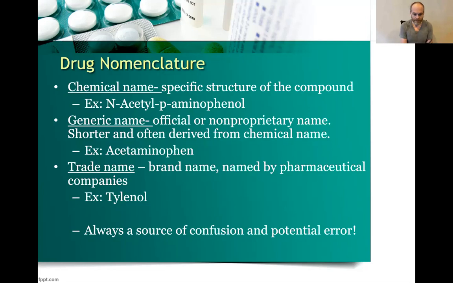This has always been and continues to be a source of confusion and error in the medical field. Different drugs have many names, and some clinicians may know some better than others, and then mix-ups can happen. People get confused. They may know the generic name and not the trade name, or they may know the trade name and not the generic name. So there's lots of source for error with this.